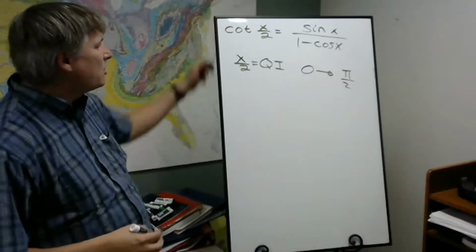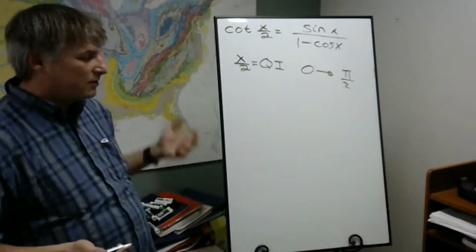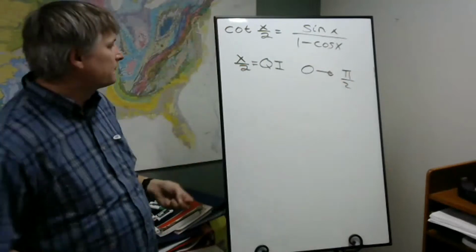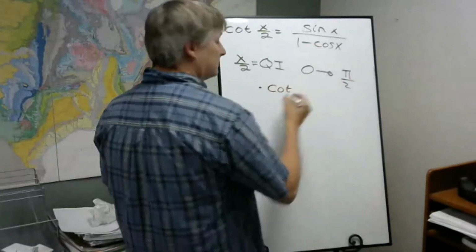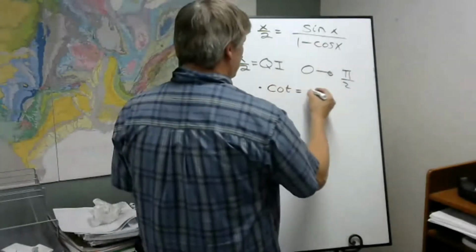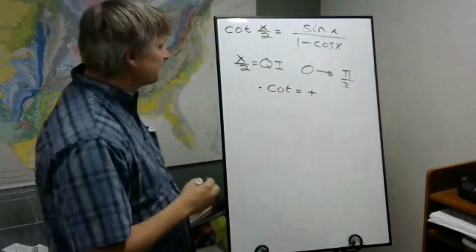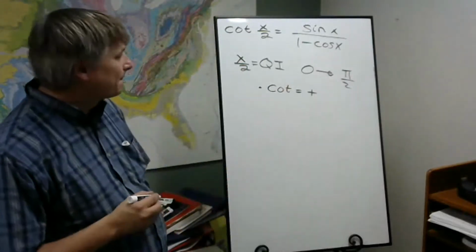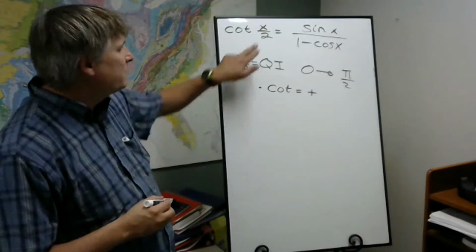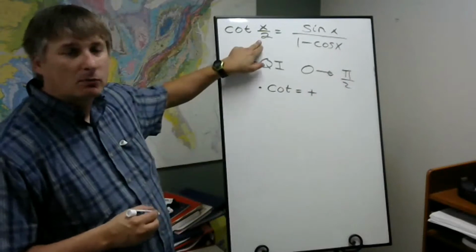Now, the cotangent from 0 to pi over 2, what do we know? Well, for Q1, the cotangent is positive. Now, if we double this angle, what are we going to get?